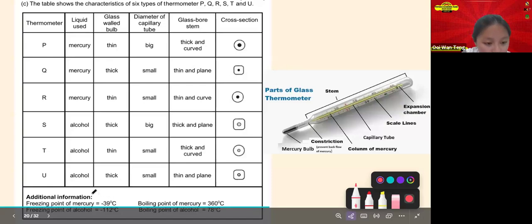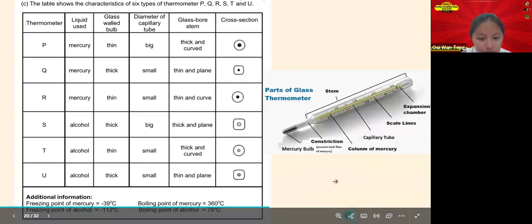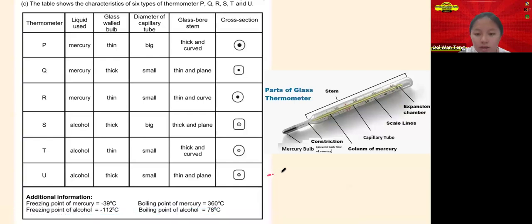You can see that it states that the freezing point of mercury is negative 39 degrees Celsius, and the freezing point of alcohol is negative 112 degrees Celsius. The boiling point of mercury is 360 degrees Celsius, and the boiling point of alcohol is 78 degrees Celsius.